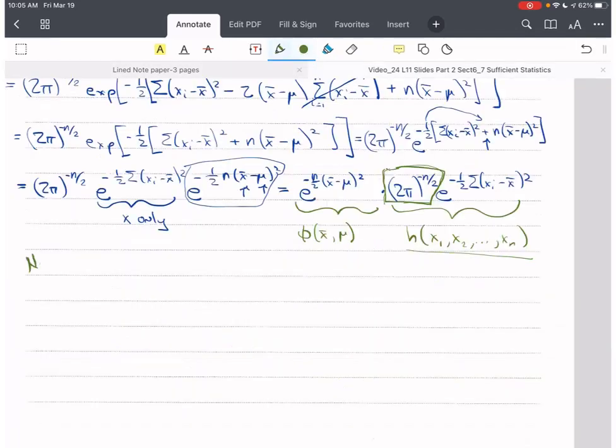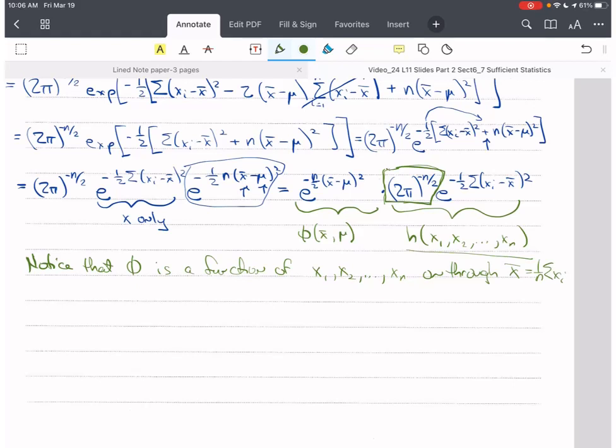So notice that phi is a function of x1, x2, up to xn only through x bar, which is 1 over n sum of xi.